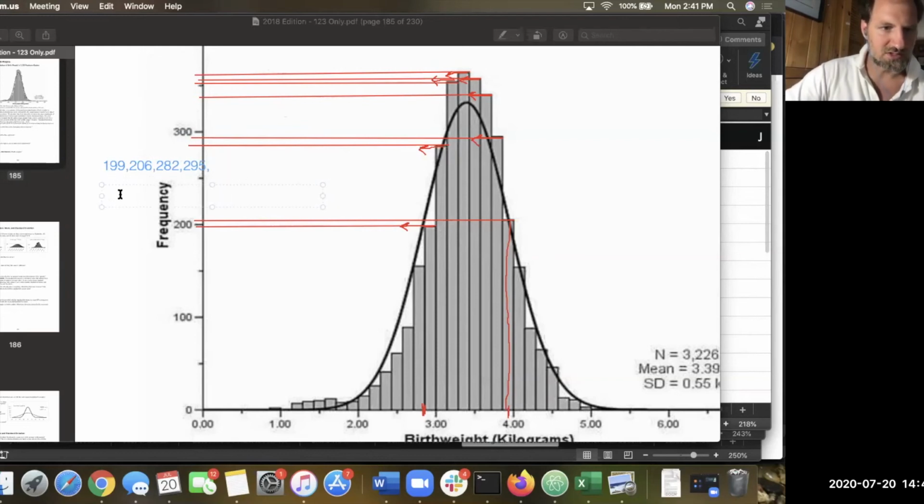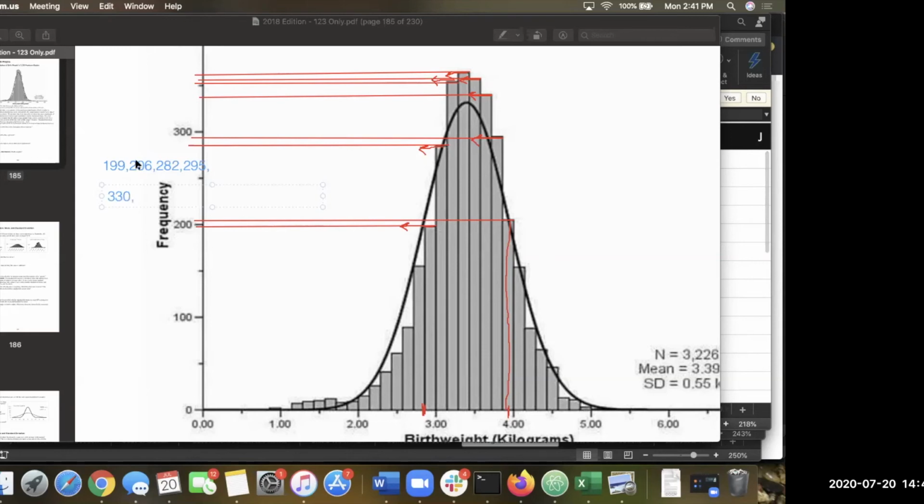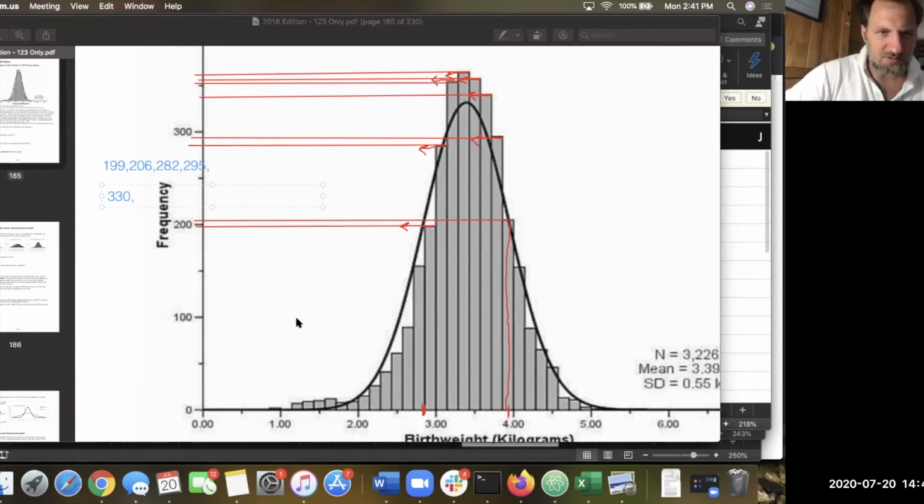Okay, so let's continue on. What's the next number up? Somewhere between 300 and 350 and closer to 350. About 330. Or 340. Matter of fact. Okay. And then the next one up is above 350, but just barely.